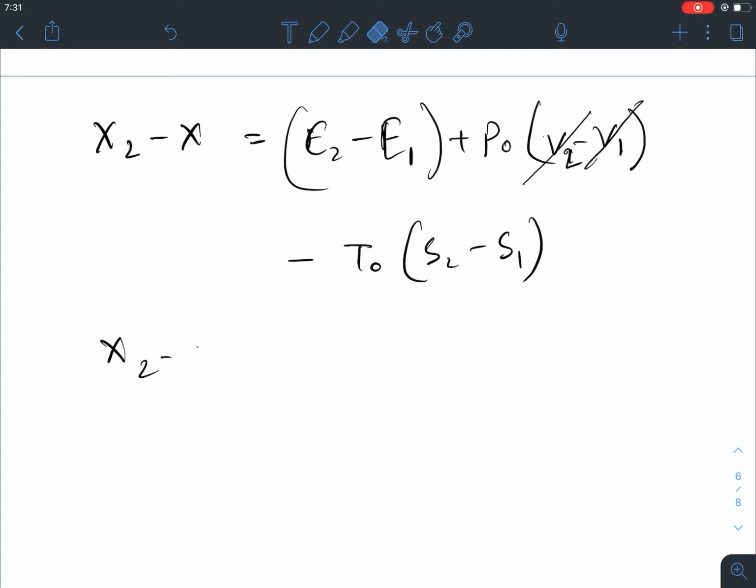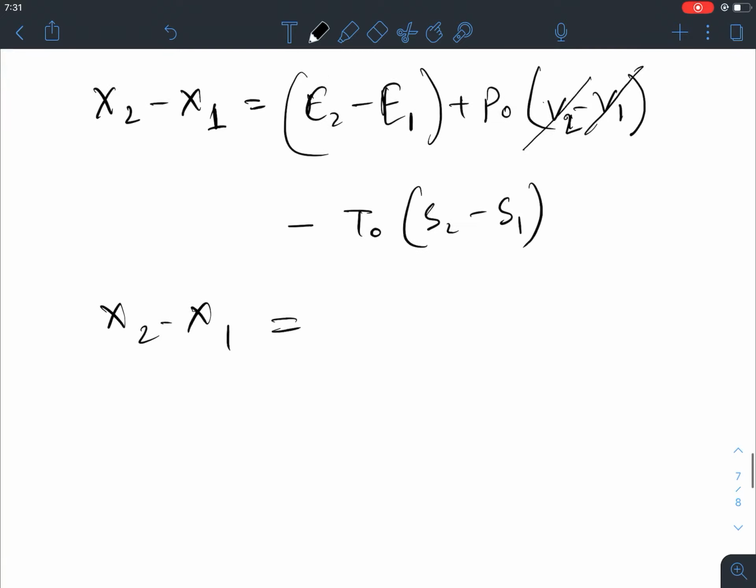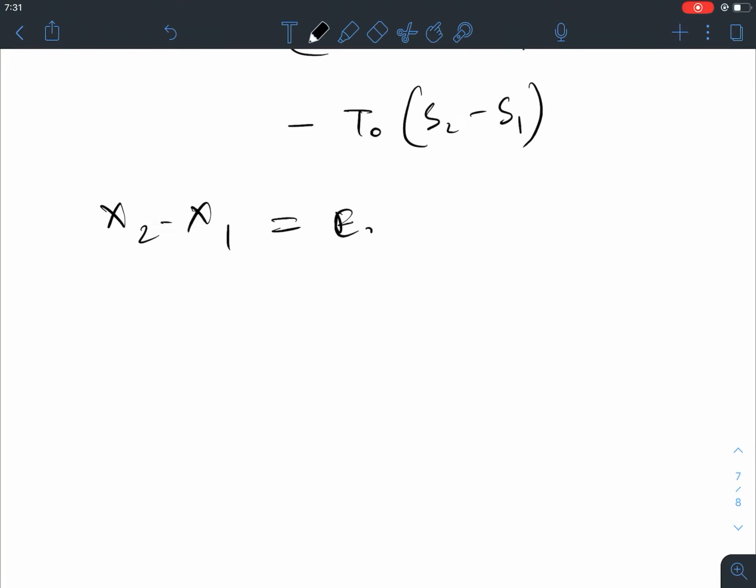So this expression becomes X2 minus X1 equals E2 minus E1 minus T naught of S2 minus S1, right?